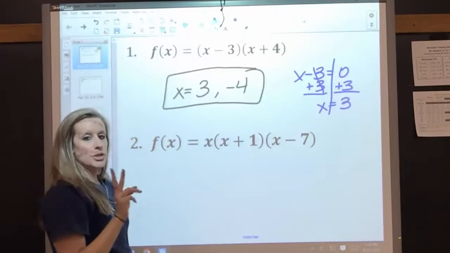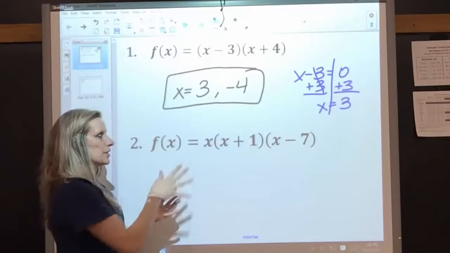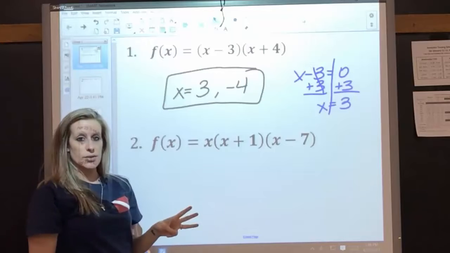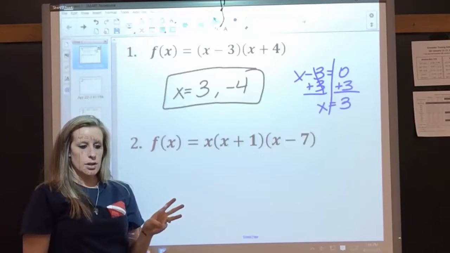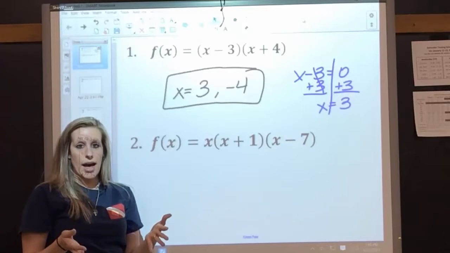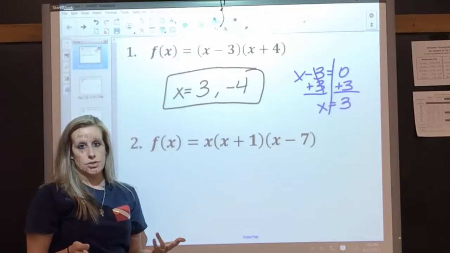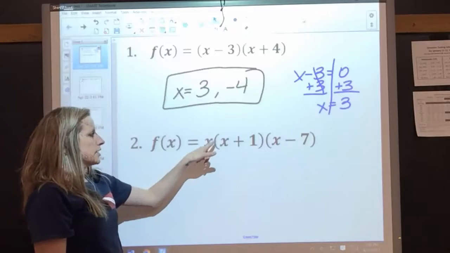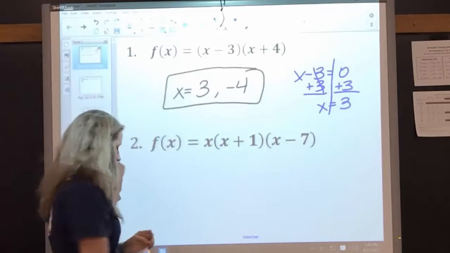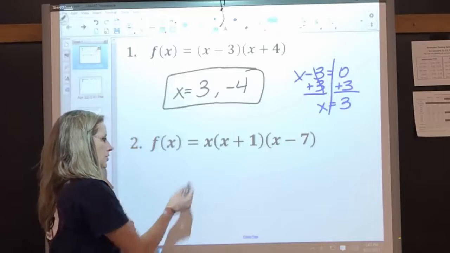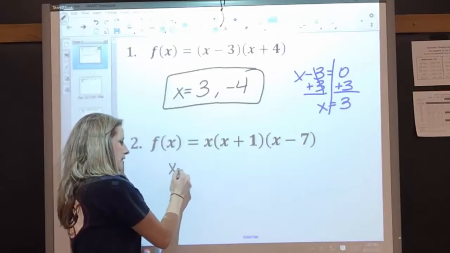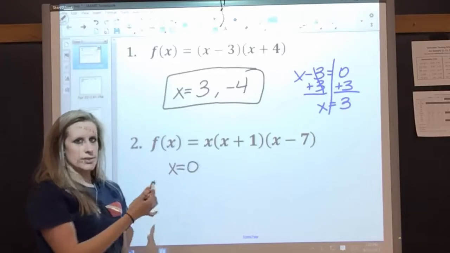All right, on number 2, the reason I wanted to explain that again is because we have 3 zeros on this one. What you want to do is count how many x's you have, and how many x's you have is the number of zeros you're going to have too. So here we have 1, 2, 3 x's, so we're going to have 3 zeros. So the first one, if we set that equal to 0, what does x equal? 0.